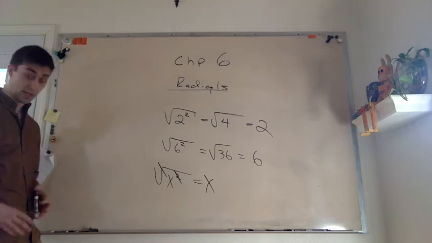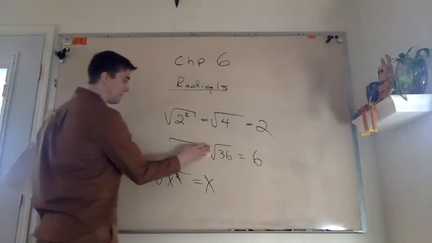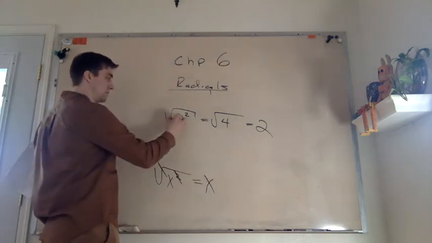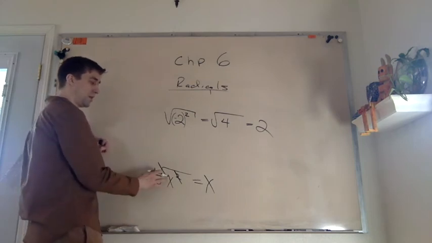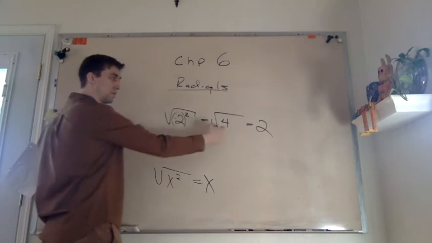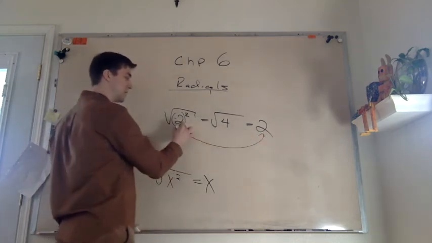That's not necessarily true, though, is the bad news. Let me show you why. Change this to -2. If you put in -2 squared, you get the square root of 4, which is +2. And -2 and +2 aren't the same exact thing.